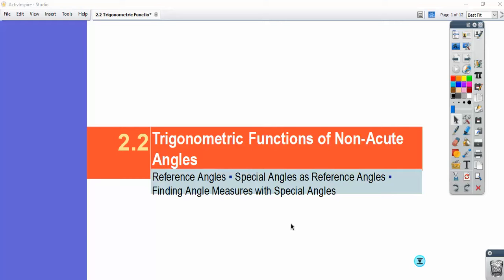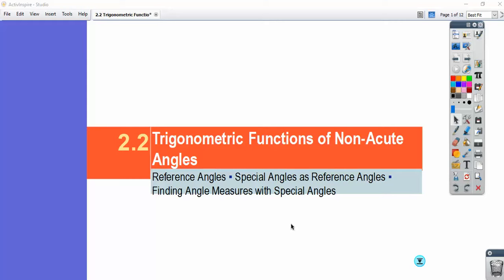We can now use that information to find our values for other angles. I think we can all agree we don't want to have to memorize any more values, right? So we have everything. We just have to learn how to use it now.